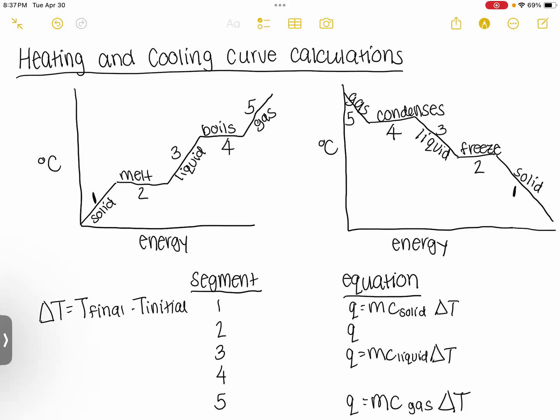So instead, what we're going to use is Q is equal to mass times the heat of fusion, or Q is equal to the mass times the heat of vaporization. The way I remember which one is which, vaporization sounds like evaporating. So segment 4, where it is boiling or evaporating, we would use the heat of vaporization.